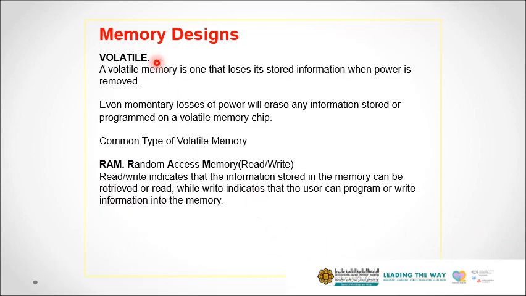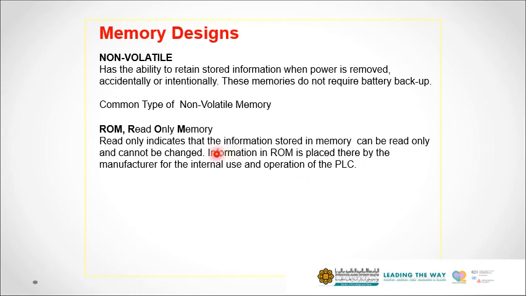So you have volatile memory like RAM. Once there's no electric connection, the memory will be erased. So it's RAM, random access memory, similar to any computer system. You have non-volatile memory like ROM or EEPROM.